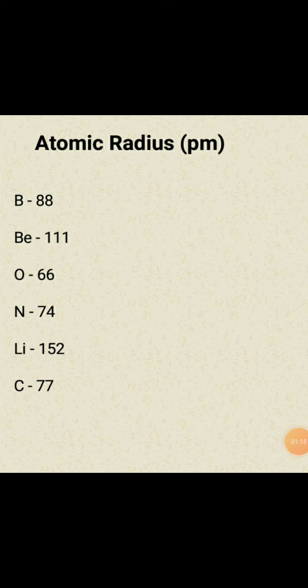Here, the atomic radii of the elements of the second period are given. So as you can see, the elements and their atomic radius. Now we will arrange these atomic radii of the elements in decreasing order.